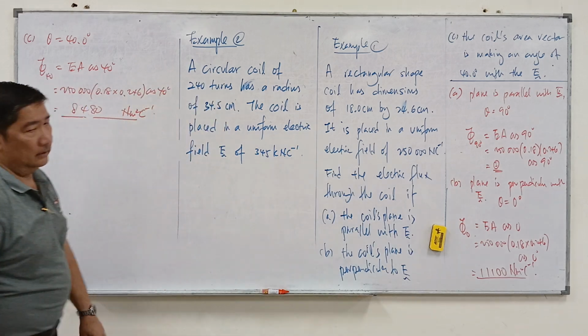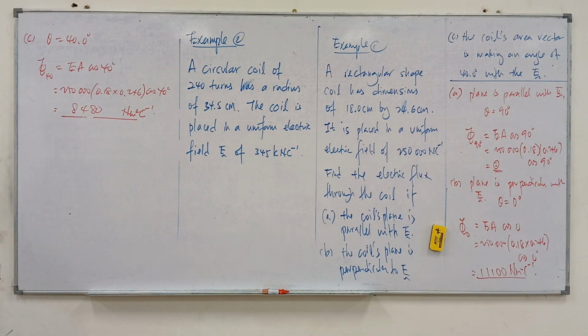Okay. This is now a circular coil. A circular coil of 240 turns has a radius of 34.5 cm. The coil is placed in a uniform electric field. E now is 345 kilonewton per coulomb.